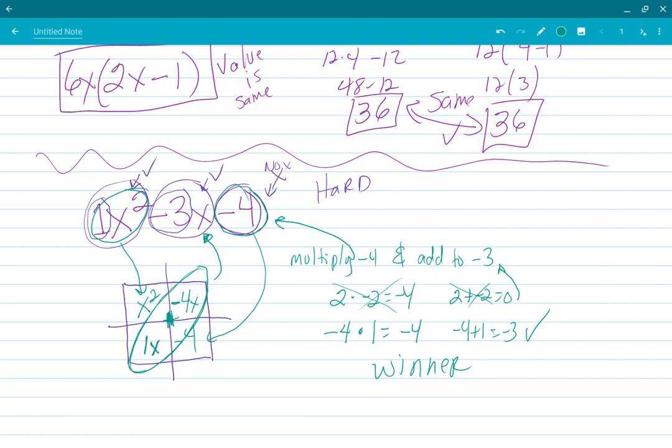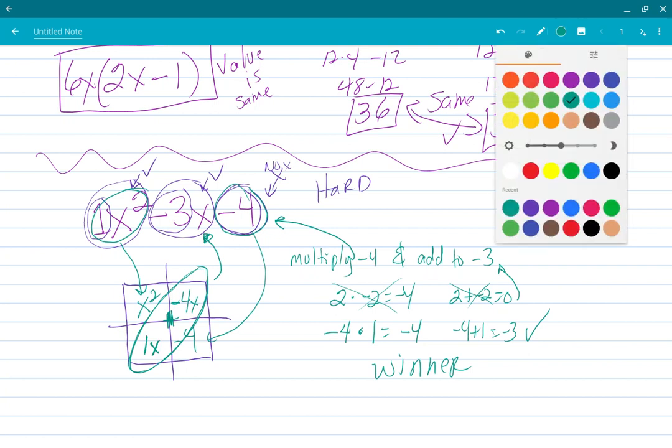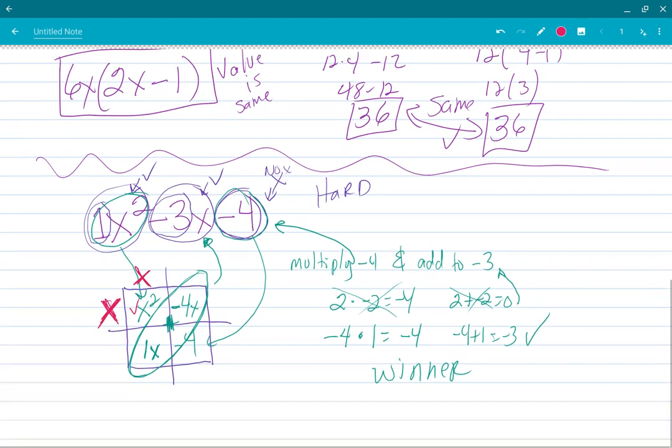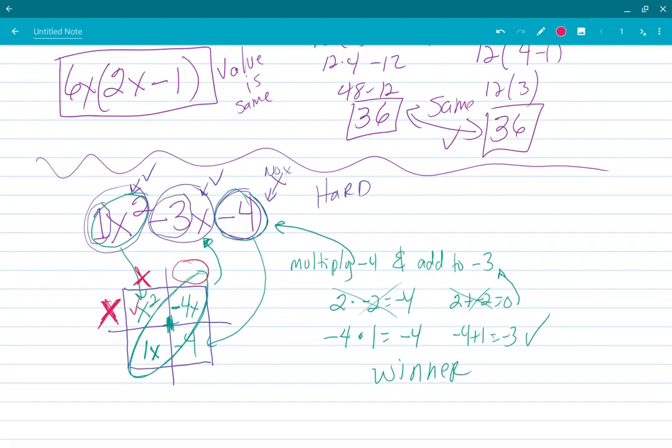All right, so now that we filled the inside of the box, now we can fill the outside of the box. This is backwards. This is like riding the bicycle backwards. All right, so what will give us x squared? x times what? x, okay, check. And x times what will give us negative 4?